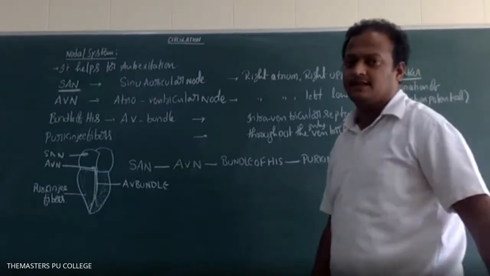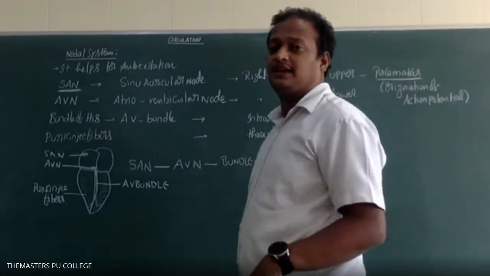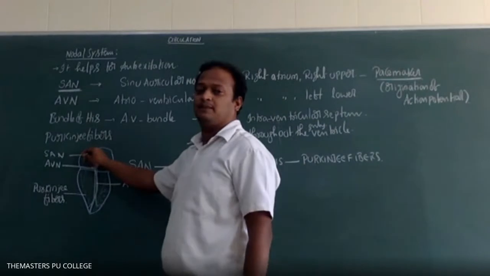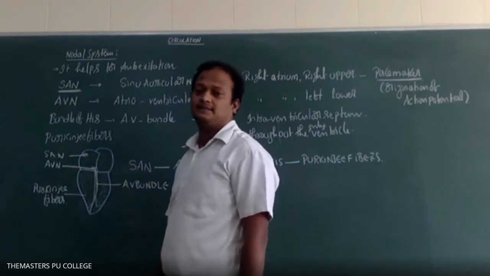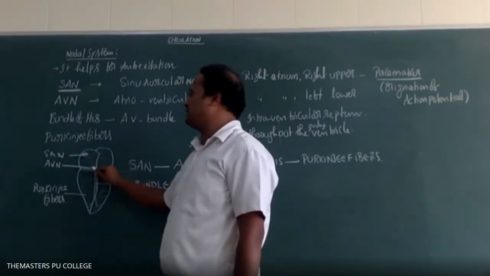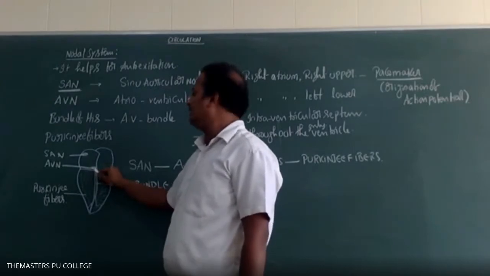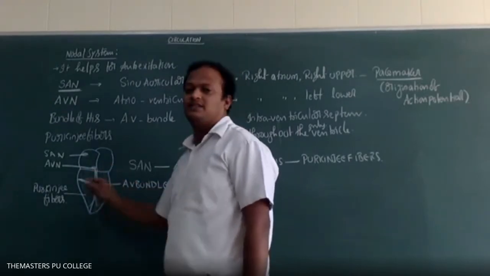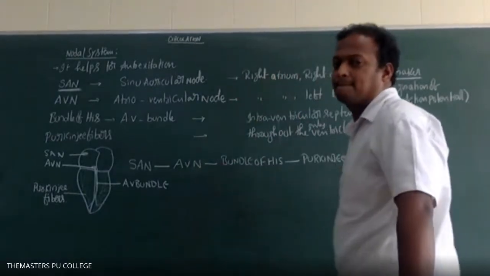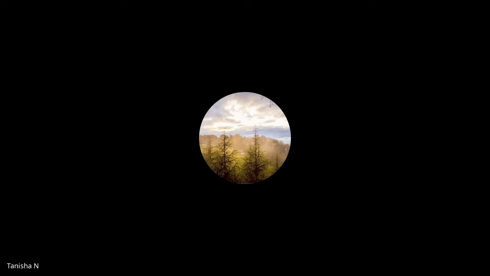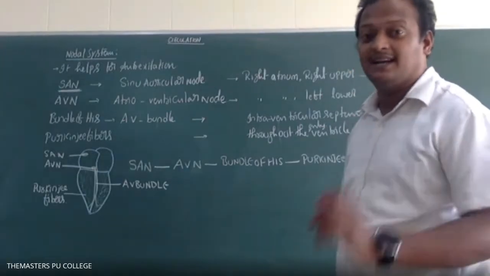So there is no connection between SAN and AVN. Yes, obviously, a connection is not there. How does the action potential pass from SA to AVN? From SA to AVN, the action potential is received. Then AVN to AV bundle to Purkinje fibers. Sir, how is the impulse transported from SAN to AVN if there is no connection? Through the cells, intercalated discs are present.